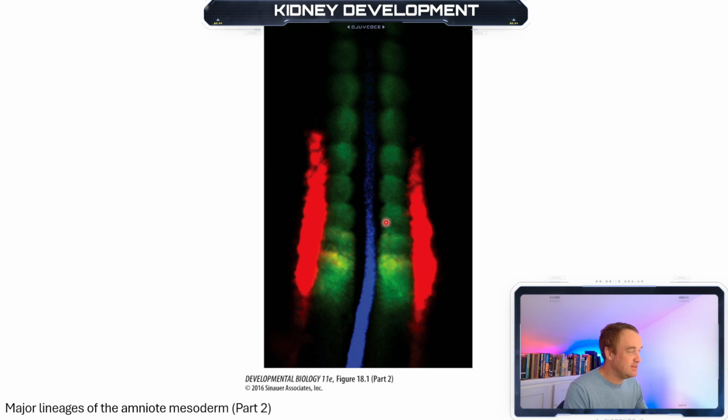There was labeling here for cordon, which is a notochord specific mRNA, which is blue. And then we have paraxis, which is a green mRNA, which is in the somites. You can see these little balls, like we talked about, the somite development along the side of the notochord there. And then we have PAX2, which is in the intermediate mesoderm, which is the red.